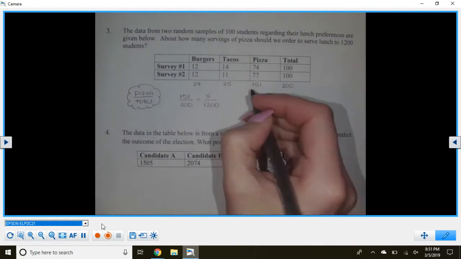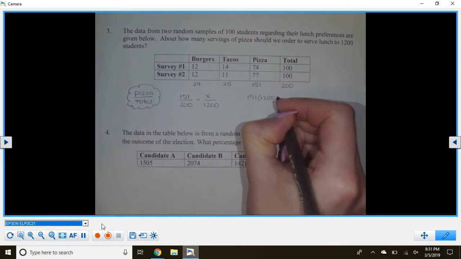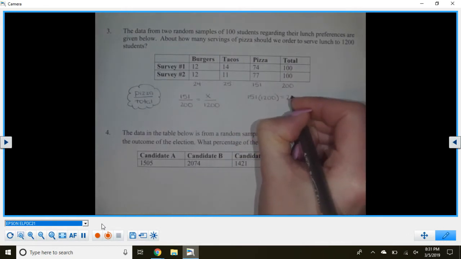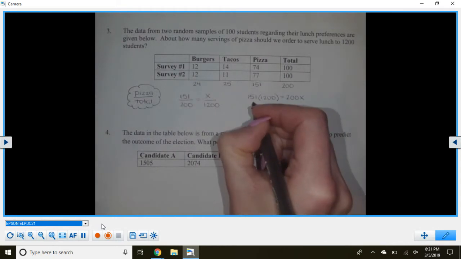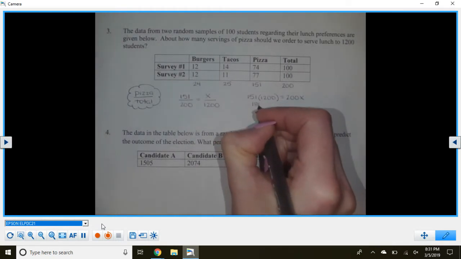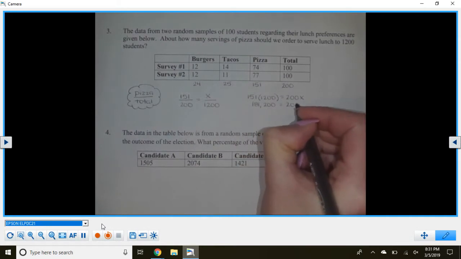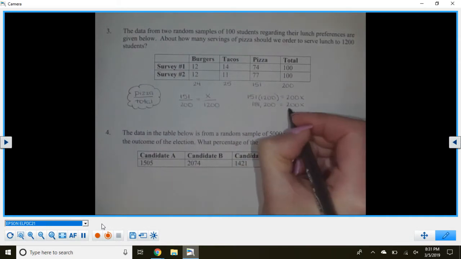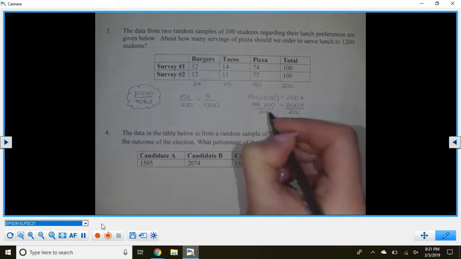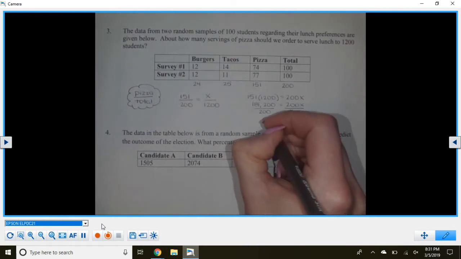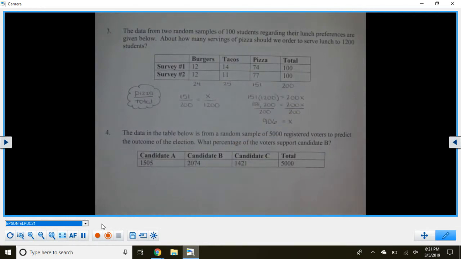Now we cross multiply, so 151 times 1,200 is equal to 200 times x. 151 times 1,200 is 181,200. Lastly, undo multiplication with division. So we can expect 906 students to want pizza.